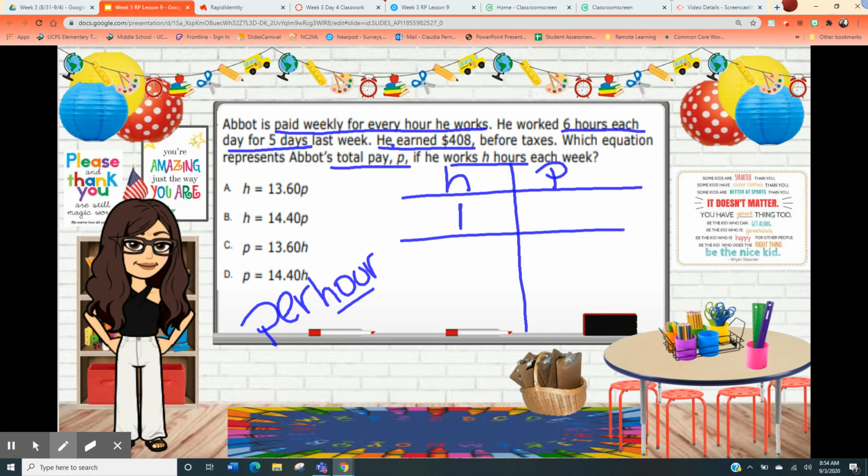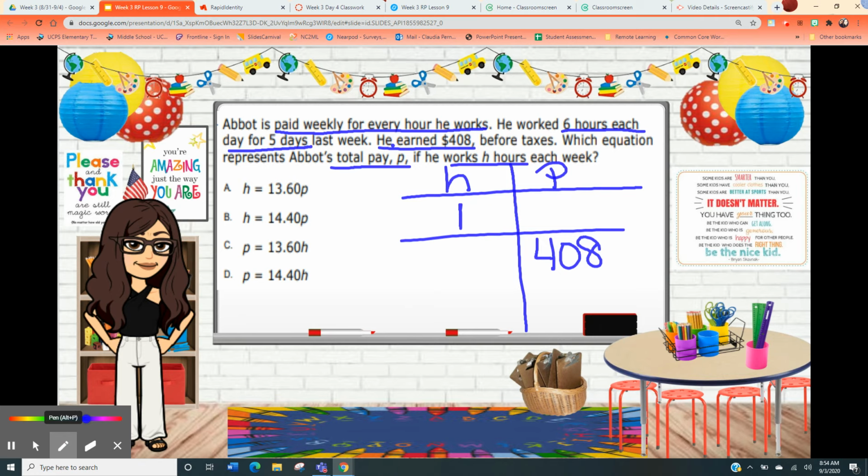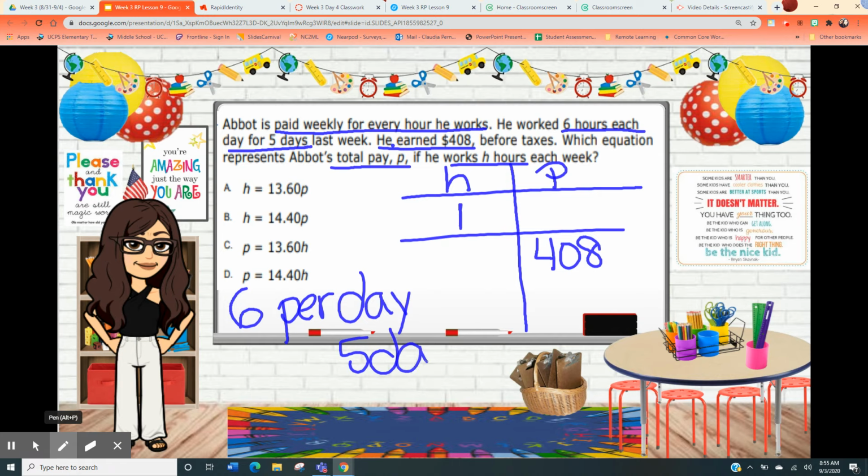So I know that he earned $408, but I don't know exactly how many hours he worked. I know that he worked 6 hours for every day. So if he worked 6 hours per day for 5 days, what would I need to do?